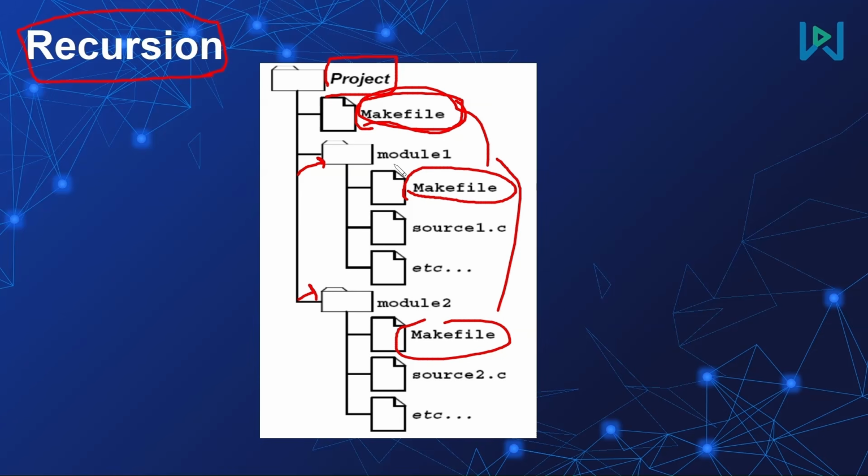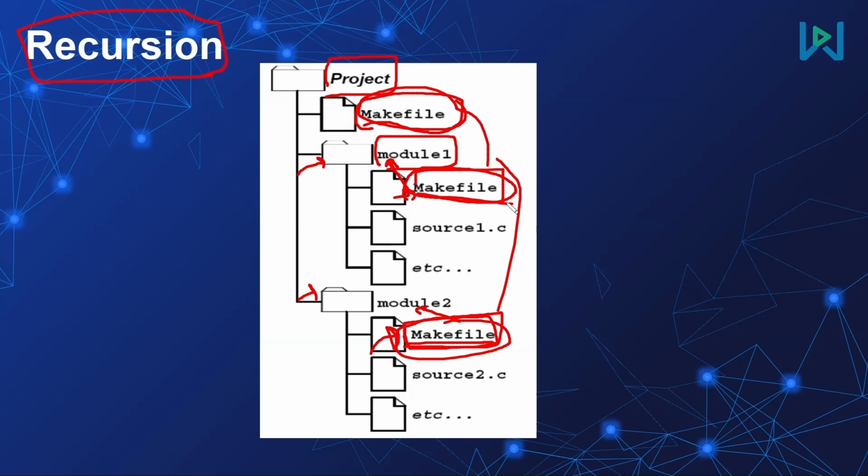Each of those submodules will have its own Makefile as well. Here we can execute the submodules separately, meaning we can invoke the make command first for module number 1 to parse and run its Makefile, and then invoke for a second time another make command to execute the Makefile dedicated to module number 2.